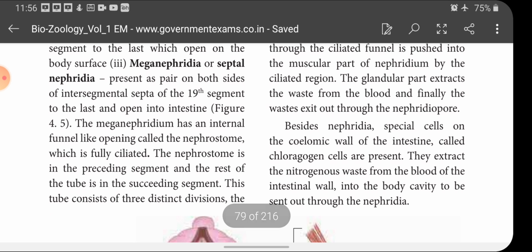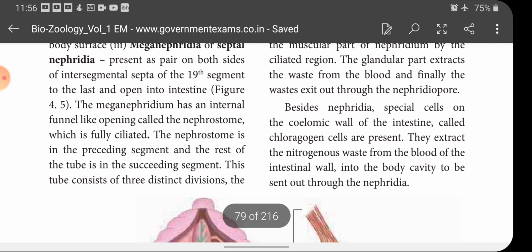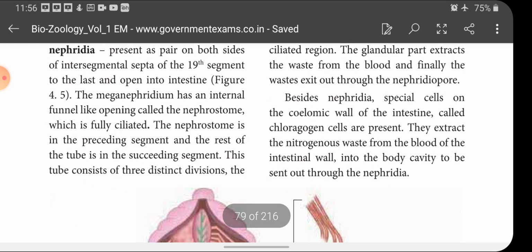The meganephridium has an internal funnel-like opening called a nephrostome, which is fully ciliated. The nephrostome is in the preceding segment and the rest of the tube is in the succeeding segment.